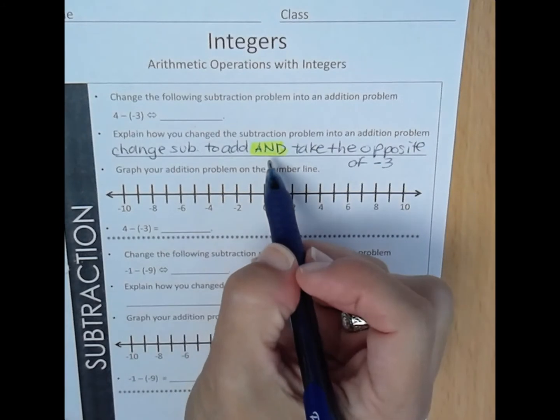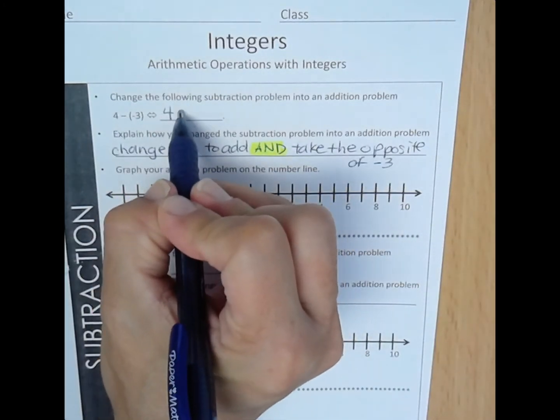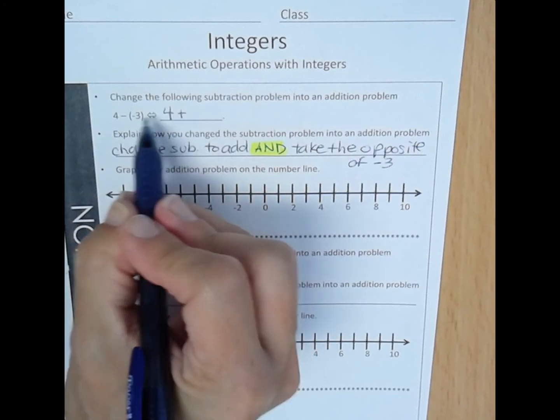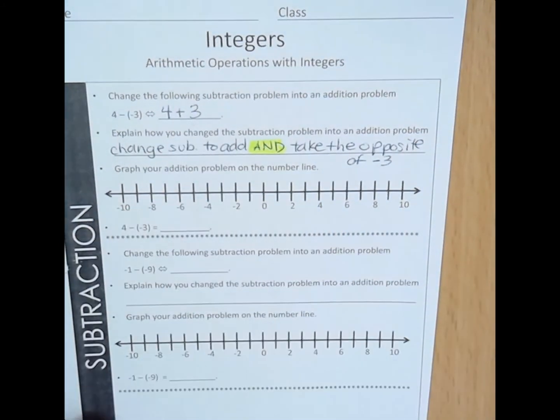Okay, and I keep highlighting that and because we can't just change this to plus. I can change that to plus if I also change the negative 3 to positive 3.